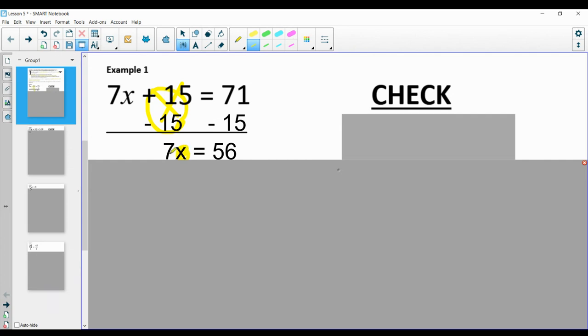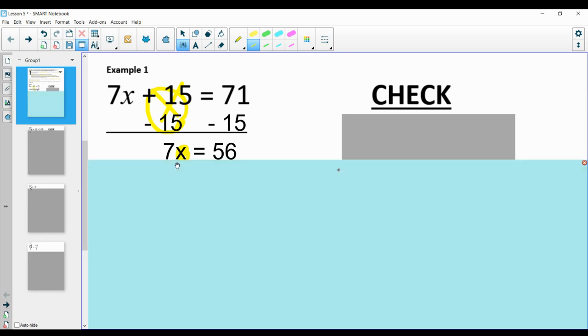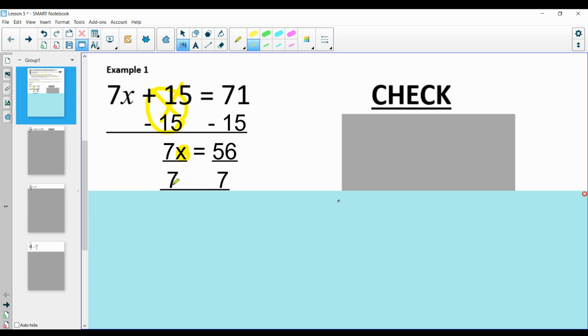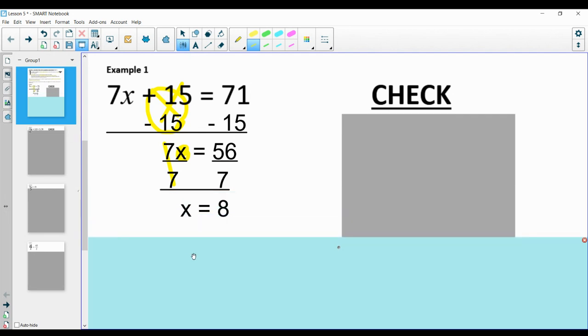So how do I get rid of multiplying by 7? We're going to divide by 7. And if I divide the left side by 7, I have to divide the right side by 7. These 7s reduce down to 1, so I'm left with x equals 8. X equals 8 is what we believe is the solution to our equation.